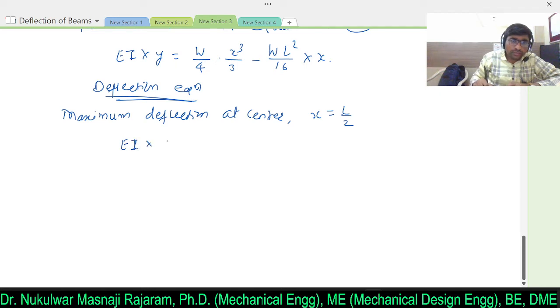EI into, instead of y I can write YC, W by 4 into, so here remember 4 into 3, so here I will multiply 3. Now instead of x I will write L by 2 cube minus x.